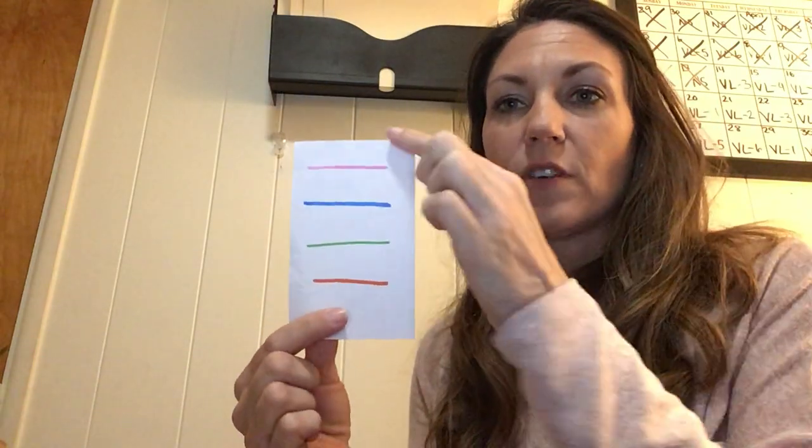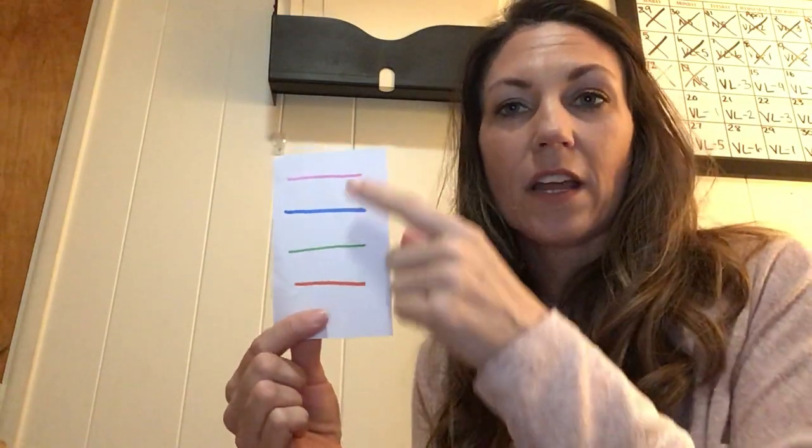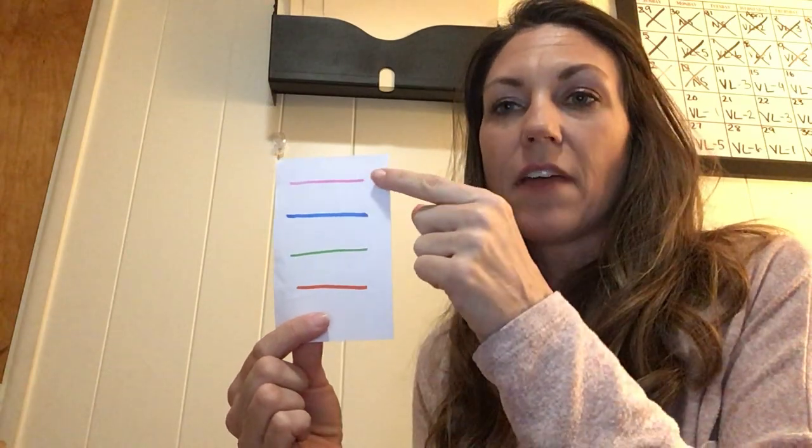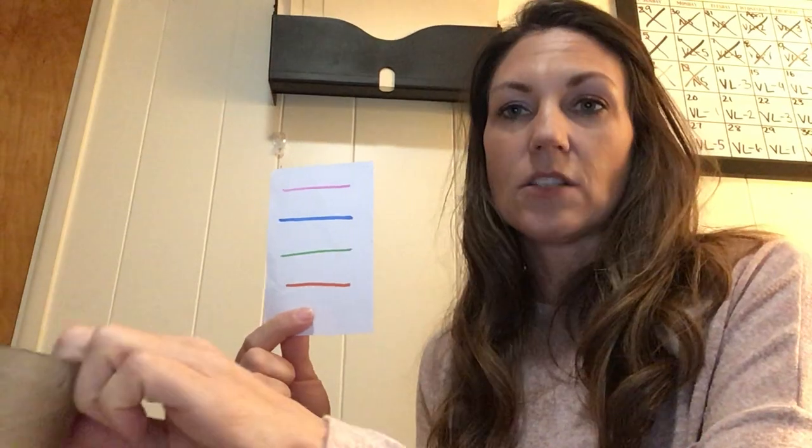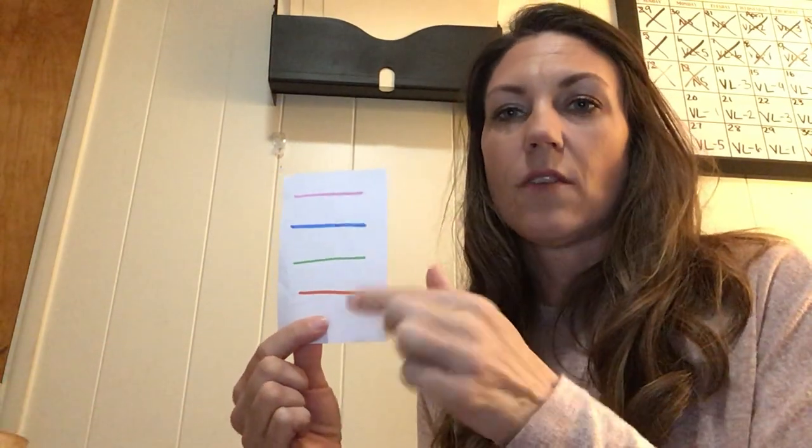So for this particular student, I put colored bands. They're working on color matching. So I have them copying first, get the pink band and put the pink band on, and then the blue, green, and orange. So within each warm-up activity, there's an opportunity to make it very specific to a student and maybe what they're working on at school.